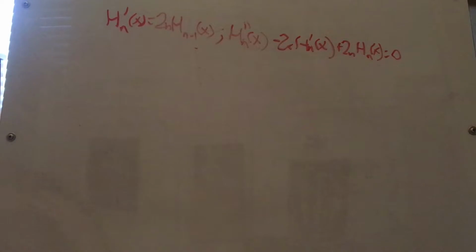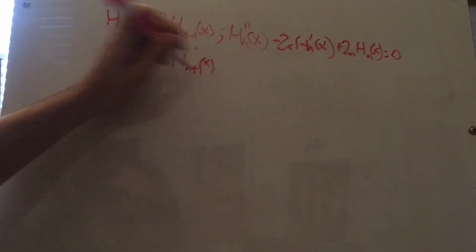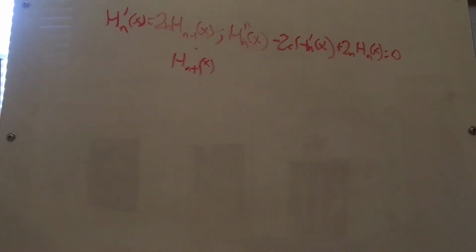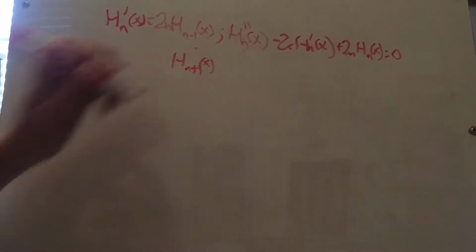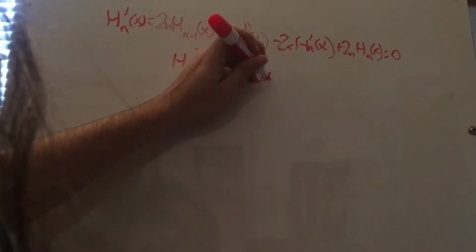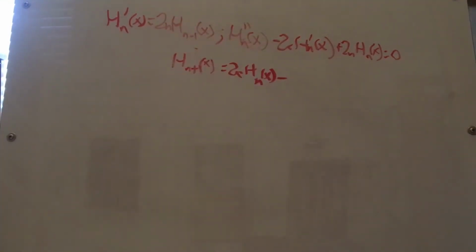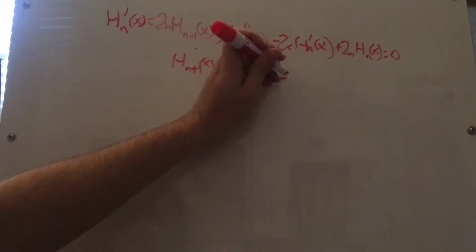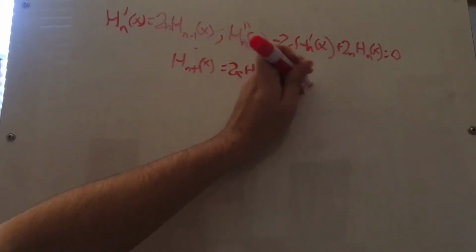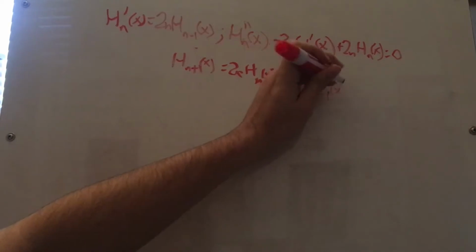And what we're trying to derive is H_{n+1} of x is equal to 2x H_n of x minus 2n H_{n-1} of x.